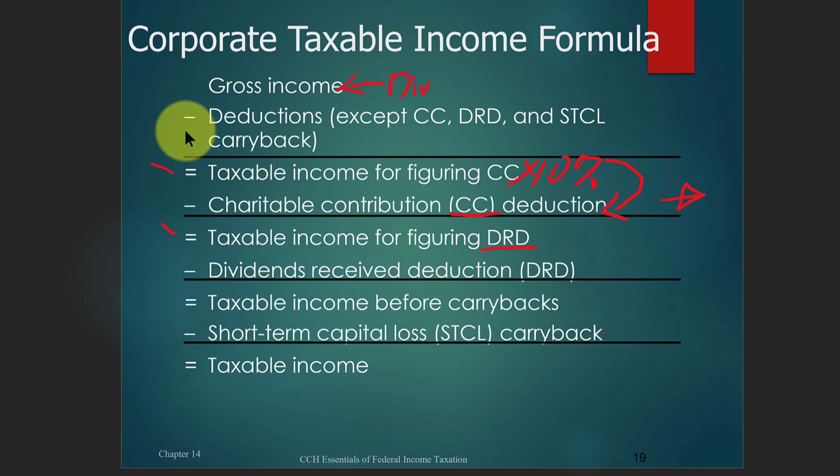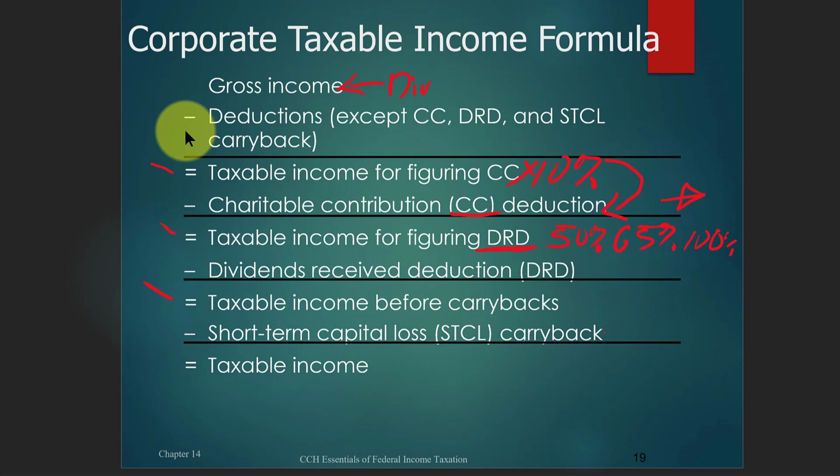And that amount could be as low as half of the dividend if you own less than 20% of that paying corporation. Or if you own 20% under 80%, you can get a 65% dividend received deduction. And if you own 80% or more, all of that dividend you receive now can be deducted as a dividend received deduction.